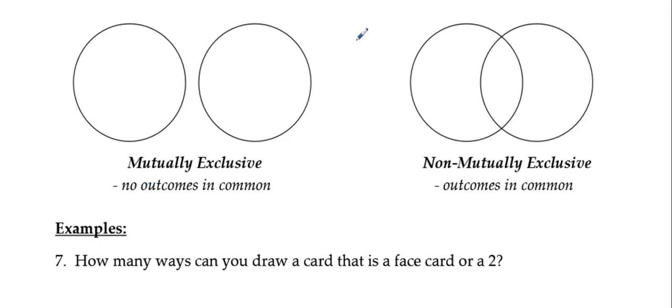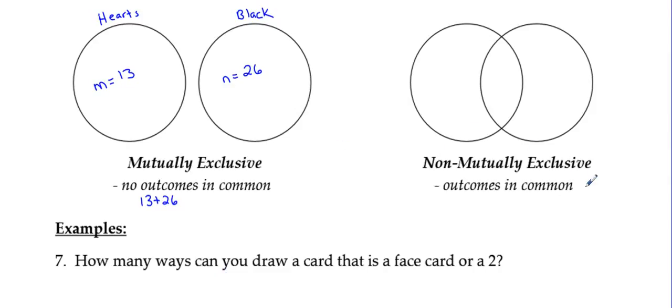So in a deck of cards, for instance, if you wanted to find out the number of hearts and the number of black cards, there are 13 hearts, there are 26 black cards, there are no cards that are hearts and black at the same time, so that means that M is 13, N is 26, so the number of ways of getting a heart card or a black card is 13 plus 26.